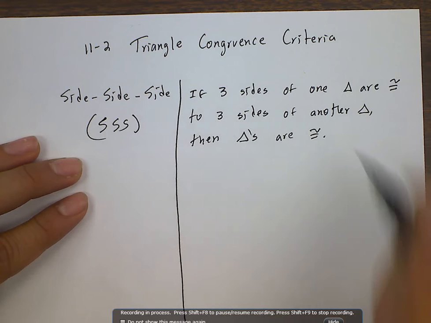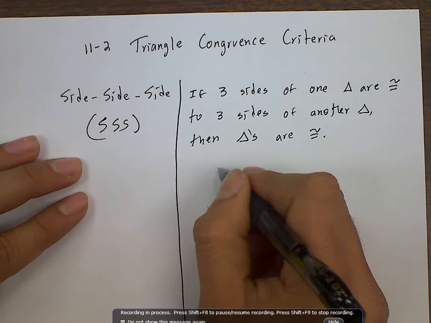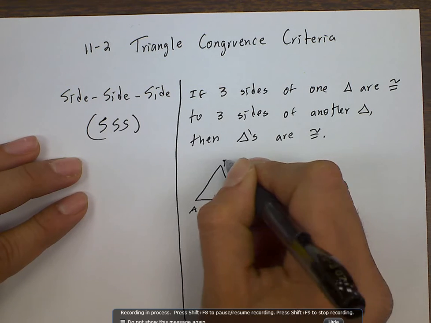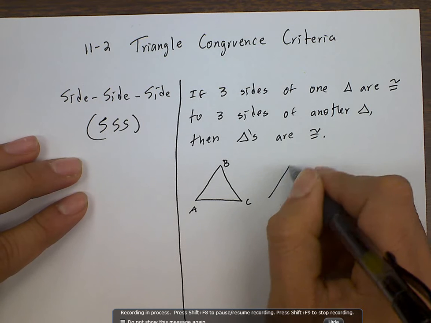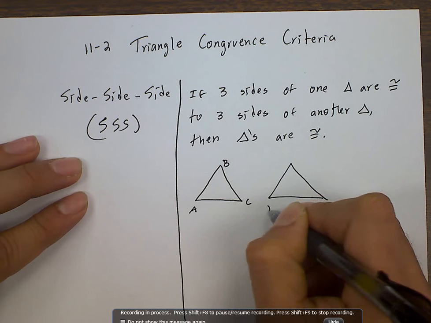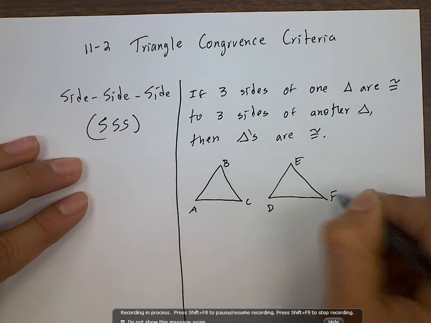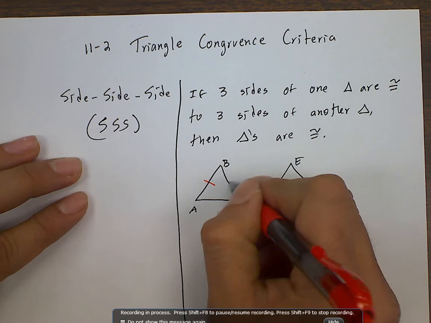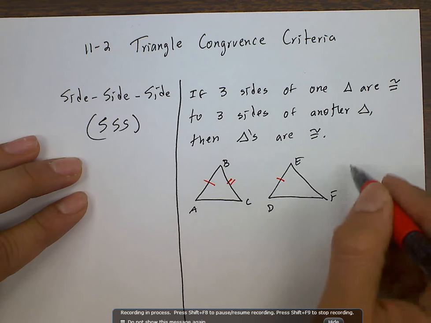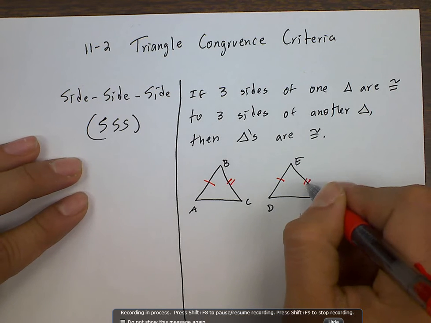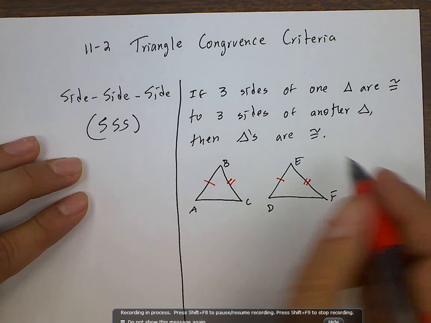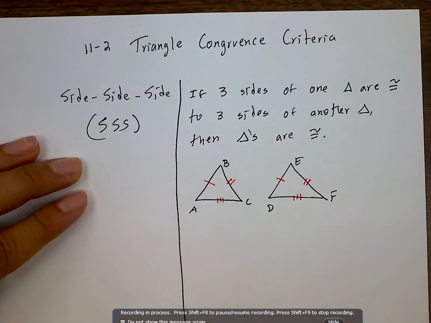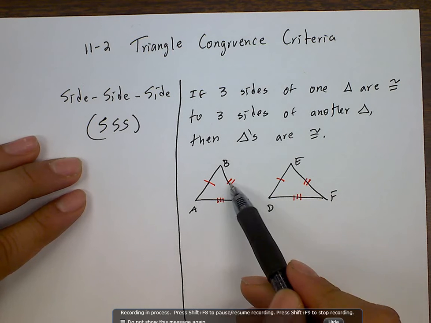Okay, so a quick little example is this. Let's say we have A, B, C, and then we have D, E, and F. And then we say that AB is congruent to DE. Now, CB is congruent to EF. Okay, and then AC is congruent to DF. So notice that they're only giving us three sides, right?